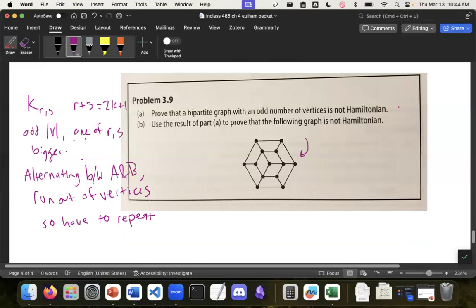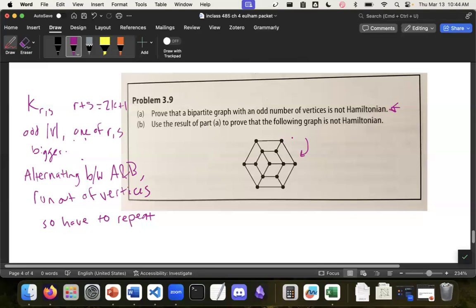So if we just reasoned that a bipartite graph with an odd number of vertices isn't Hamiltonian, then the solution here is to what? Show it's bipartite with an odd number of vertices. That would give us our solution.